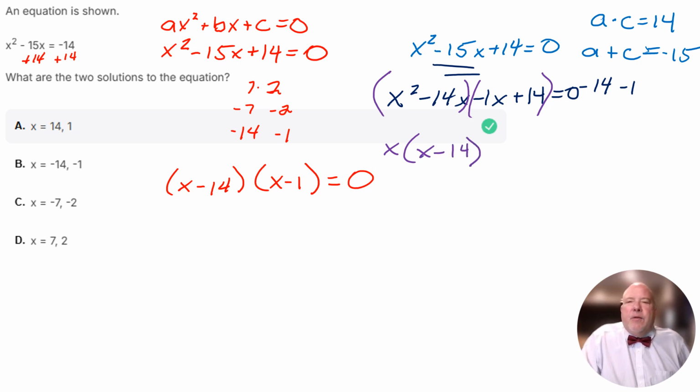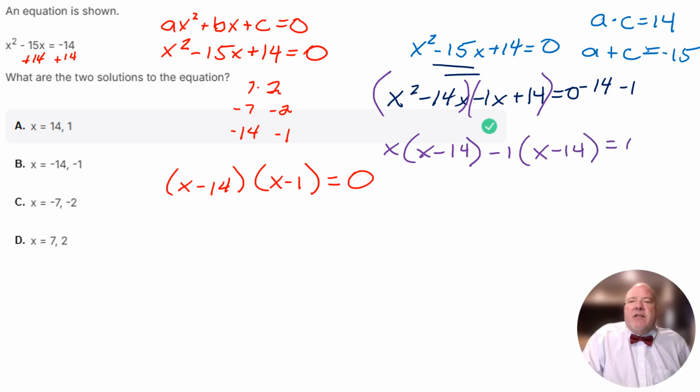And on the other one, here's the trick with the grouping method. When I factor this, I need to come up with x minus 14. Right now it's negative x plus 14, so I need to change the signs. So I'm going to factor out a negative 1, and that becomes x minus 14.